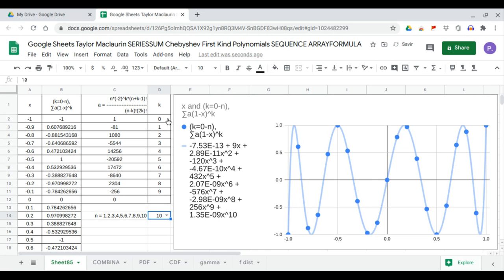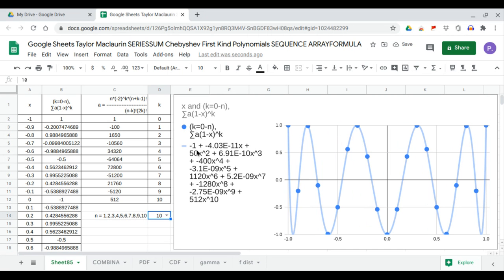And at n equals 10, y equals negative 1 plus 50x squared minus 400x to the 4th plus 1120x to the 6th minus 1280x to the 8th plus 512x to the 10th. So this completes the use of sequence, array formula, series sum to generate the Chebyshev first kind polynomials.